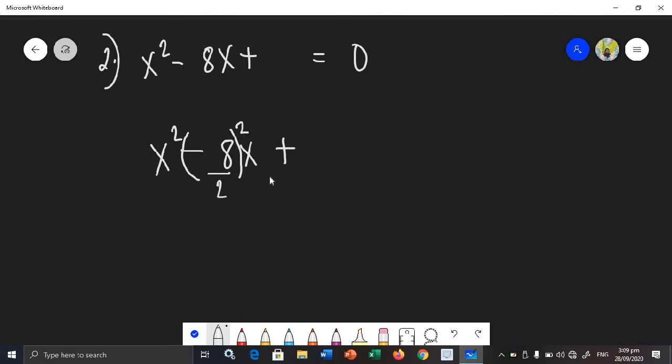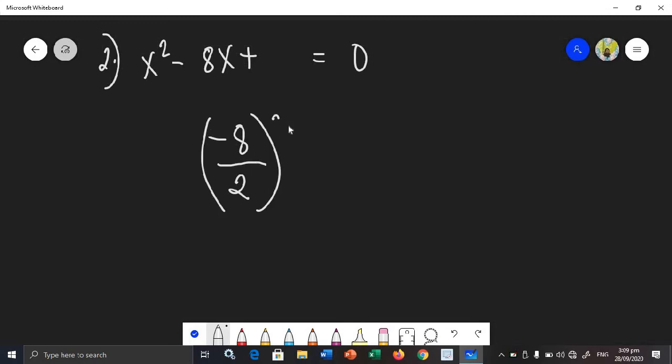Okay? So, para mas ma-visualize nyo kung paano siya nangyari, I am going to remove the other numbers or variables. Si negative 8 lang kasi yung kailangan natin. Negative 8 divided by 2 squared, ganyan yung mangyayari. So, negative 8 divided by 2, that is negative 4 squared.